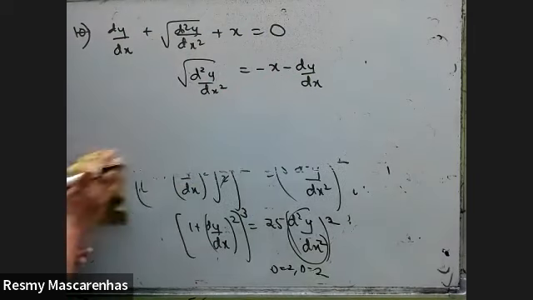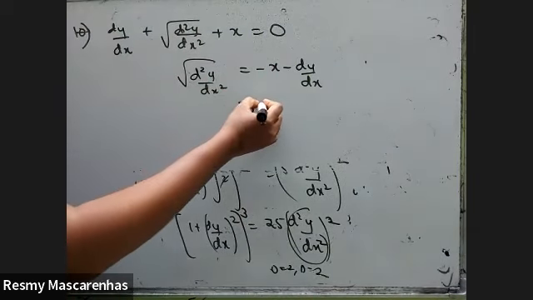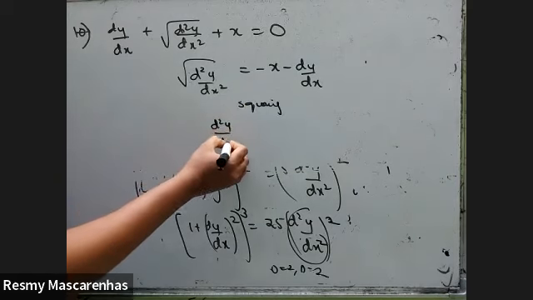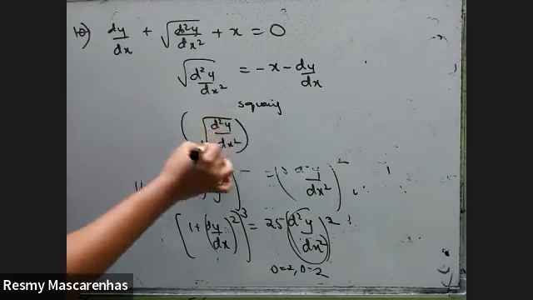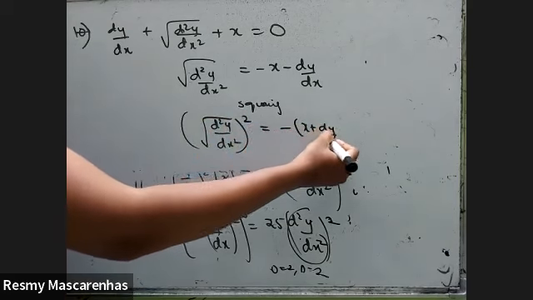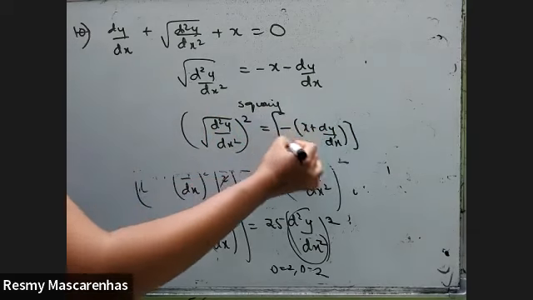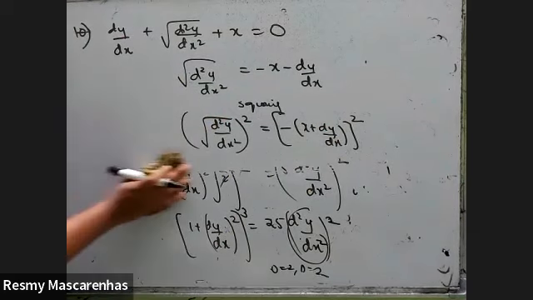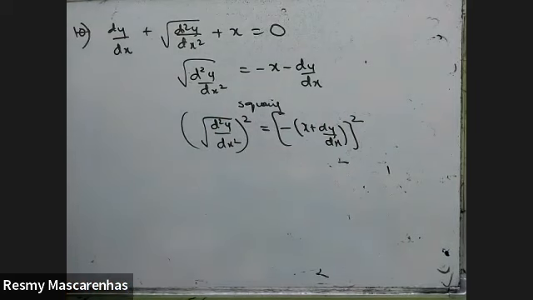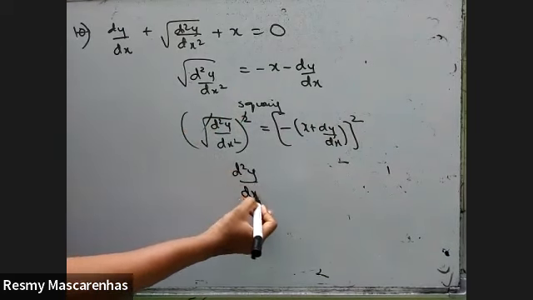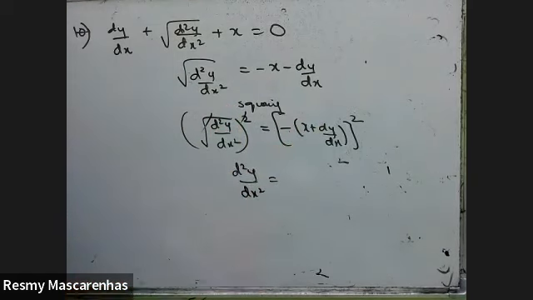Now you square. Minus I'll take out common and then square. Now root and square will cancel. Minus anyway squared will give you plus.